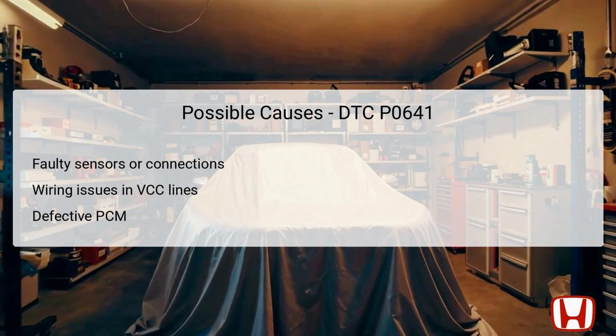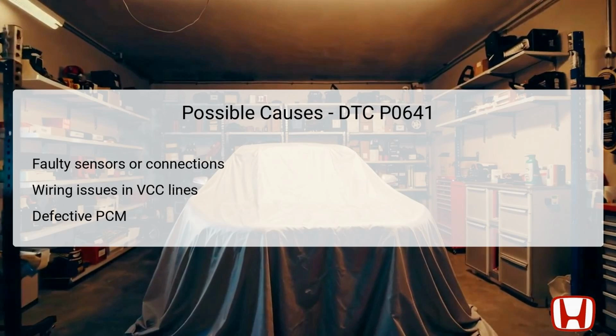The first possibility involves faulty sensors, which can lead to incorrect voltage readings being sent to the ECU. Another cause could be poor connections or loose wiring, especially within the voltage common collector (VCC) lines. These lines distribute power to the sensors.